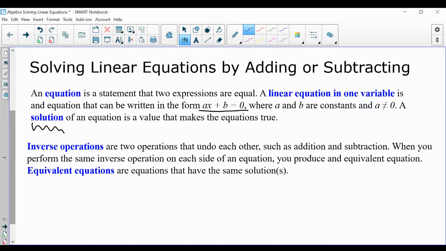They are addition and subtraction, multiplication and division, and also squaring and square root. There's more as you get up into higher level math. When you perform the same inverse operation on each side of the equation, you produce an equivalent equation. Equivalent equations are equations that have the same solutions.